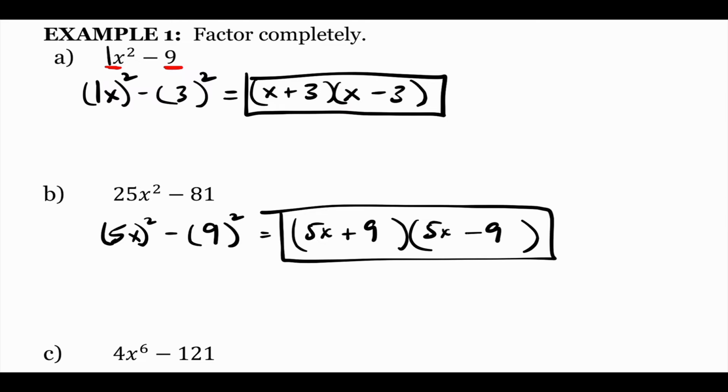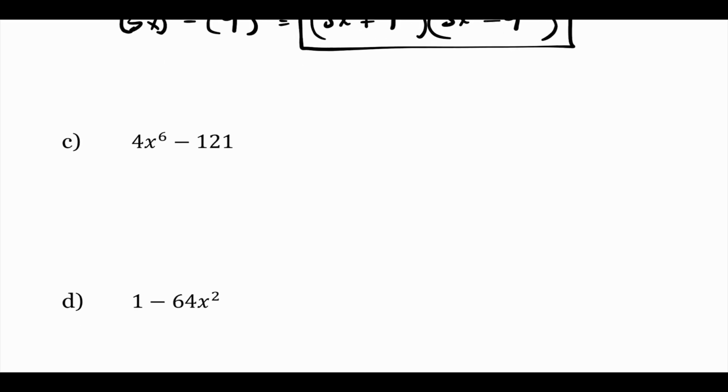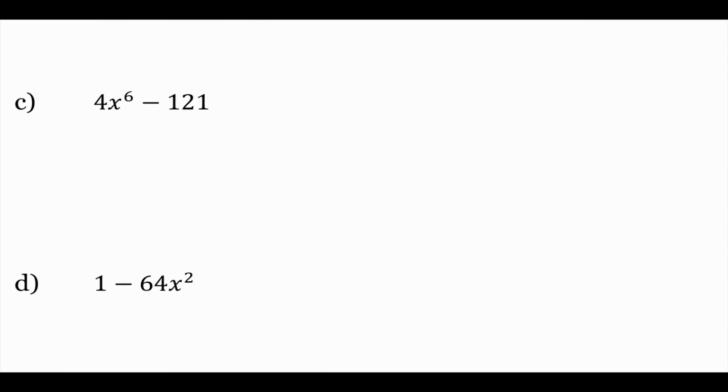All right, so let's look at letter C. 4 and 121 are on my list. We're good there. But the problem is the power here. The power is not squared anymore. It is to the 6th. So for 4, I can put 2 here, and for 121, I can put 11. That works.